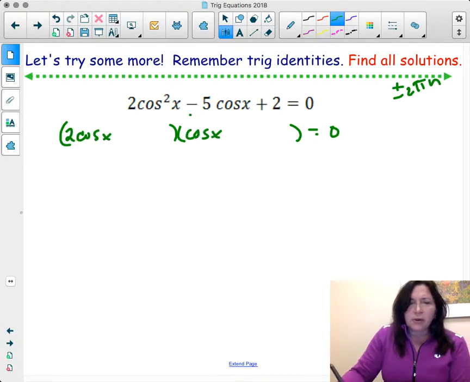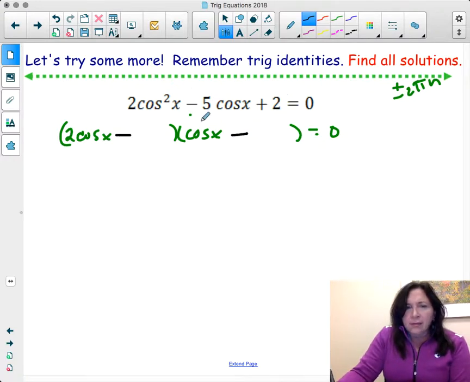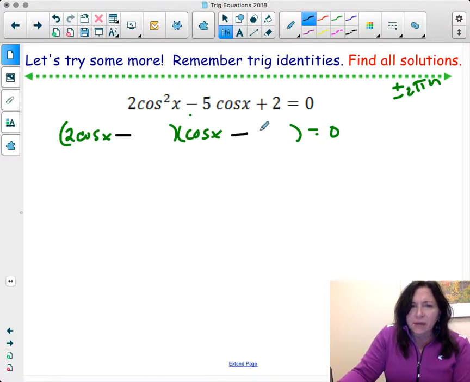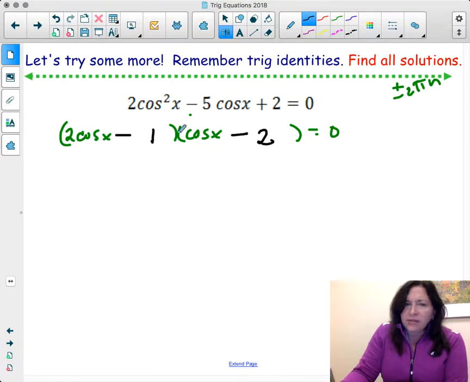That's going to give me 2 cosine of x. I notice that my signs are positive here, but negative, so both of these are negative, and a negative times a negative is going to give me a positive. I'm also trying to sum. My sum is trying to be -5. So I need a 2 here, because 2 times 2 is -4, and then a 1 here because that'll be -1. So -4, -1 is -5.